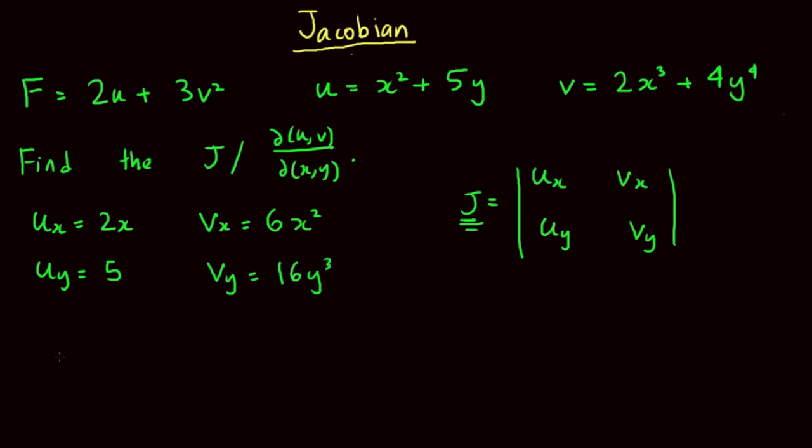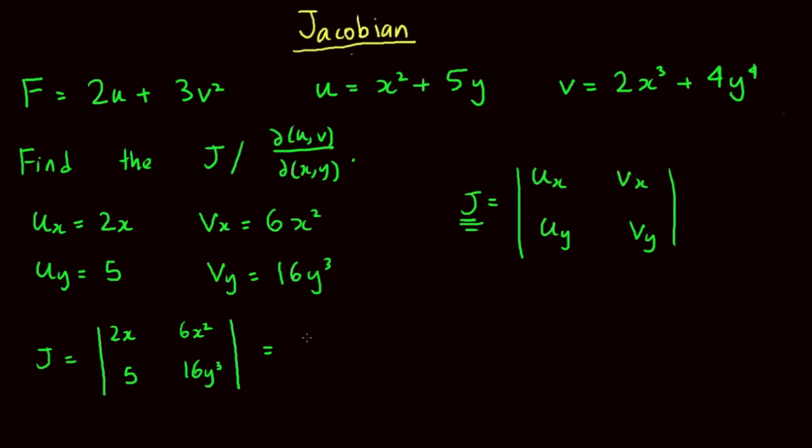Okay, so obviously once you do the Jacobian, it will simply be 2x, 5, 6x squared and 16y cubed.